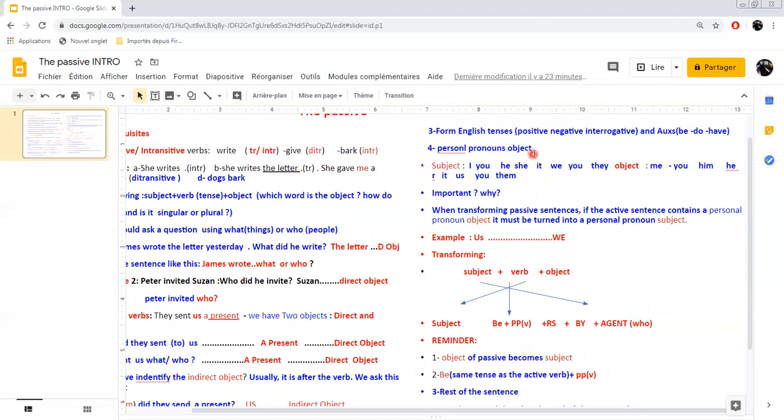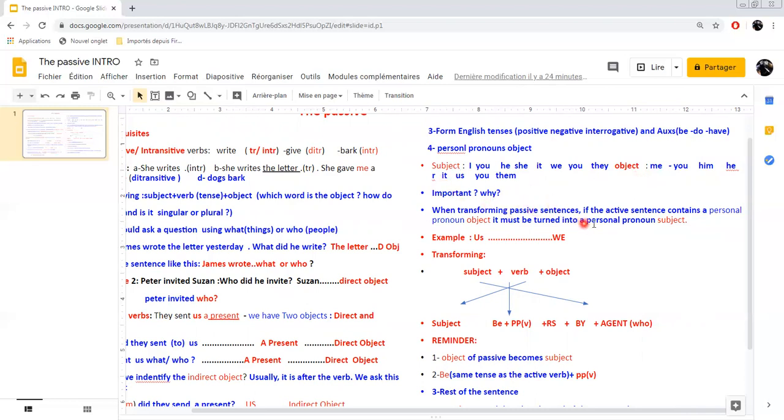Number 4, you should know by heart your personal pronoun object. These are, for example, you've got the subject here: I, you, he, she, it, we, you, they. And these here are very important too, so you should know them by heart too. Why?